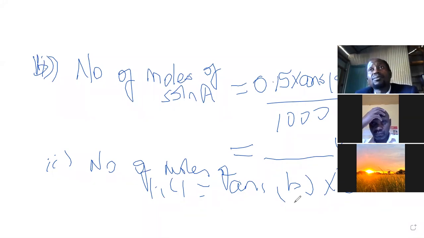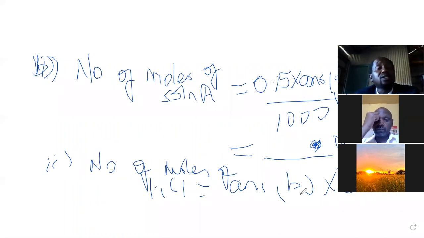Now, supposing in this part B, the candidate had gotten a wrong answer at this point. Maybe had written a wrong answer. Here he or she had gotten correct, but at the answer gotten wrong. If the candidate proceeds in Roman 2 or part D, whichever now we say the next step, and applies that wrong answer, multiplies it by 2, if it is required to be multiplied by 2, the candidate scores the marks fully.